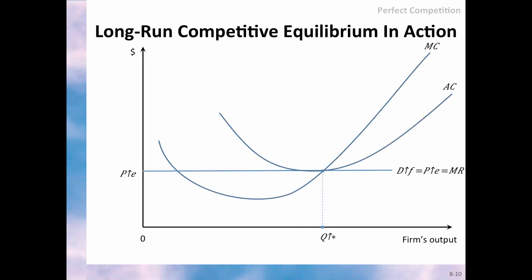In other words, as seen in this chart, in the long run, all existing companies in the market produce at a level such that, number one, price is equal to marginal cost. Number two, that price is equal to the minimum of the average cost.